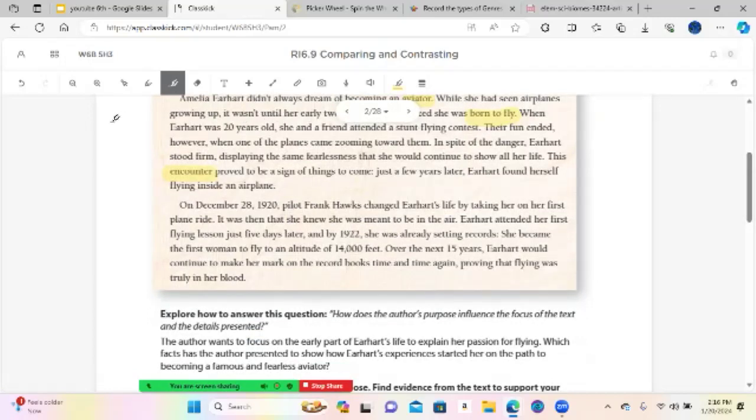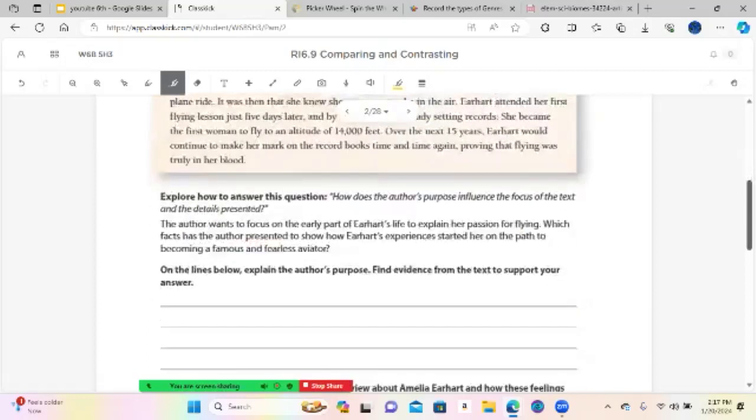Earhart attended the first flying lesson just 5 days later, and by 1922, she was already setting records. She became the first woman to fly to an altitude of 14,000 feet. Over the next 15 years, Earhart would continue to make her mark on the record books time and time again, proving that flying was truly in her blood.